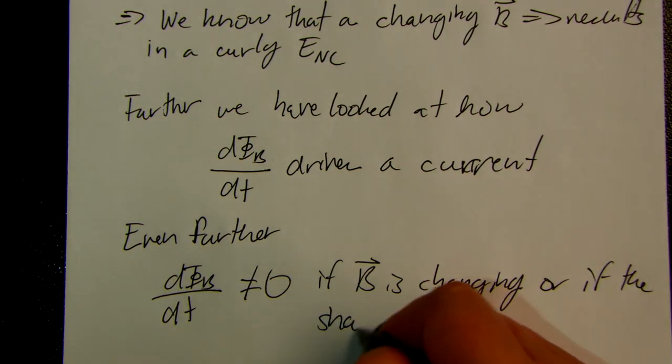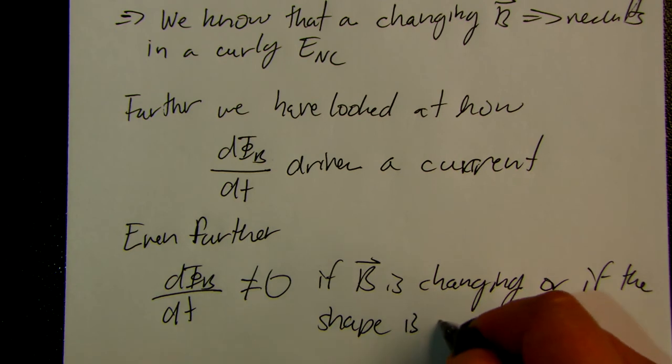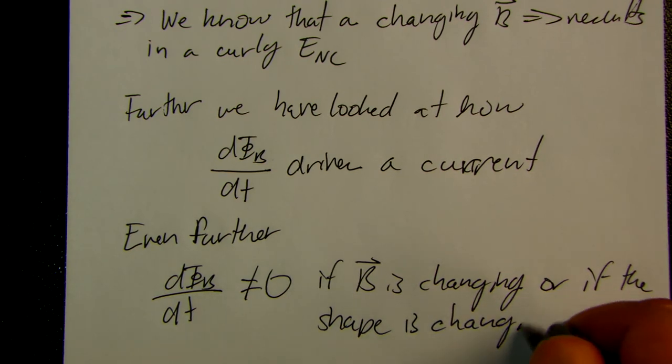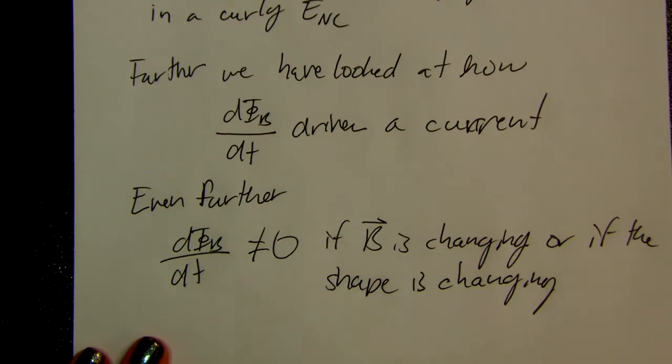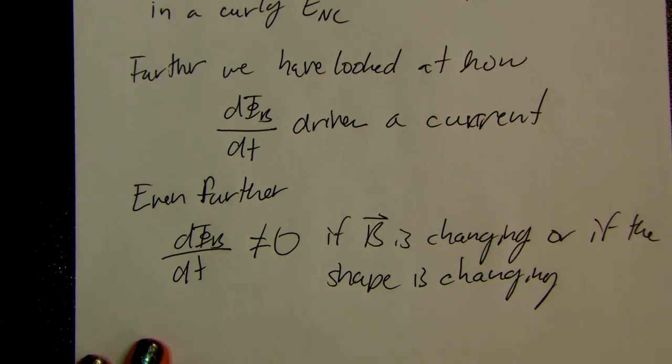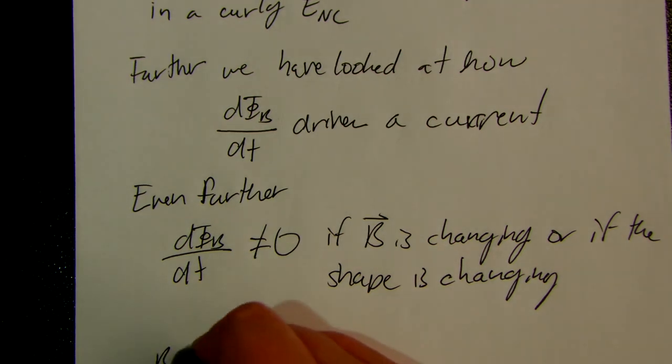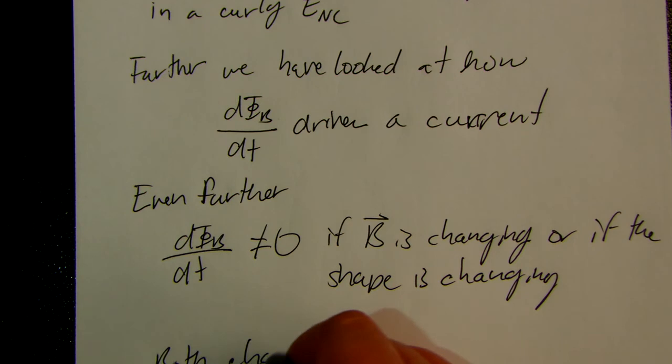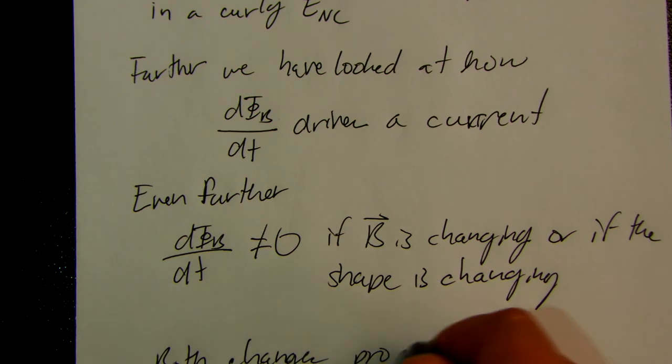So in the case of motional EMF, the shape was changing. So in both cases, you were able to have a change in magnetic flux. One was related to the changing of magnetic field, and one was related to the change of shape within a magnetic field. And both changes produce EMF.